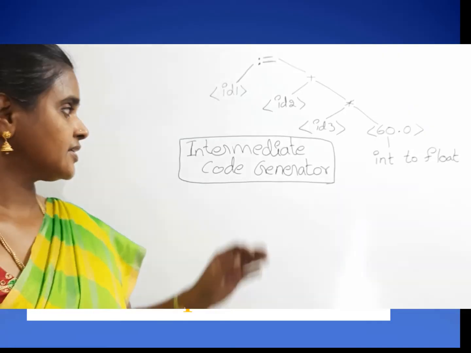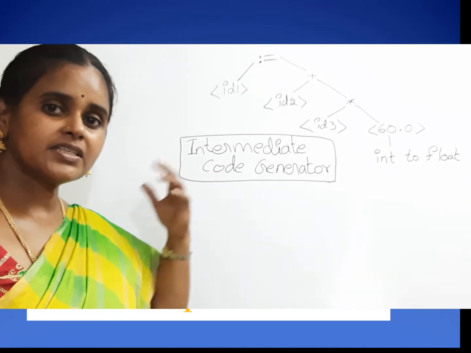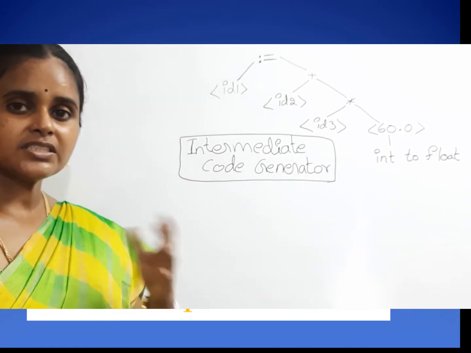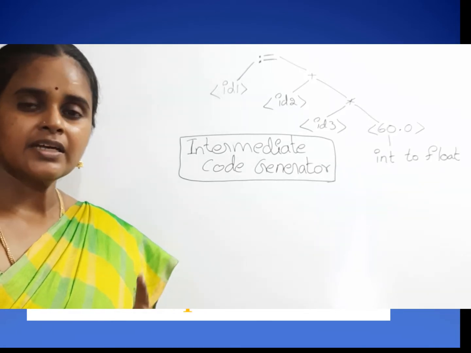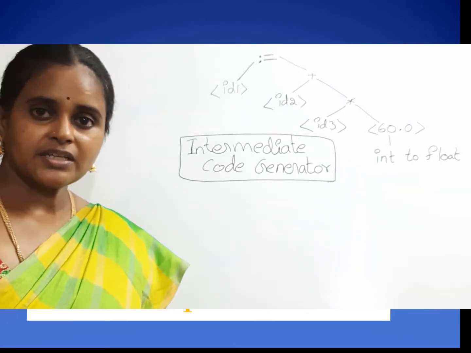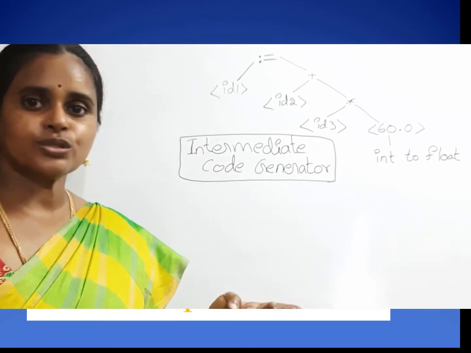Okay, right. Consider the fourth phase. This is the last phase in the first pass. What is the first pass? The analysis pass. It consists of four phases: lexical analyzer, syntax analyzer, semantic analyzer, and intermediate code generator.